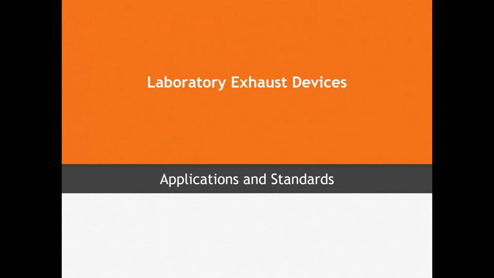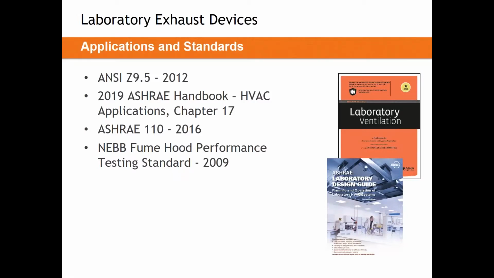Before we get into this, before we start actually talking about the equipment, we should talk about the standards where we pull most of this information from. Each of these is a very, very good reference for laboratories and has very clear descriptors on the equipment in the lab. So ANSI Z9.5 and the 2019 ASHRAE Handbook on HVAC Applications are extremely good references for laboratories.